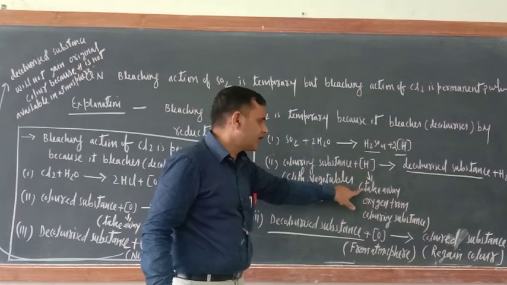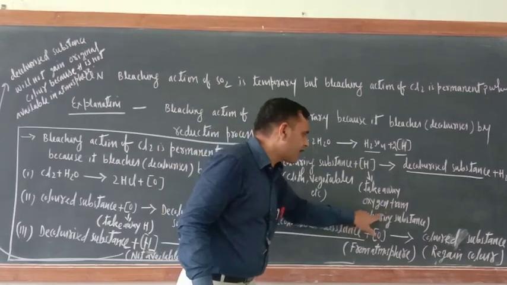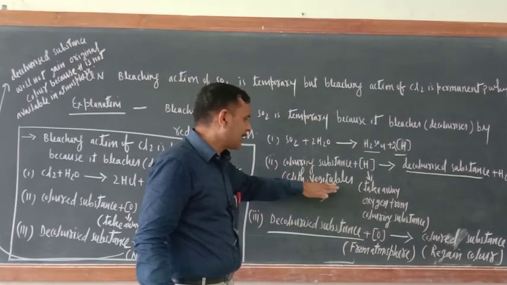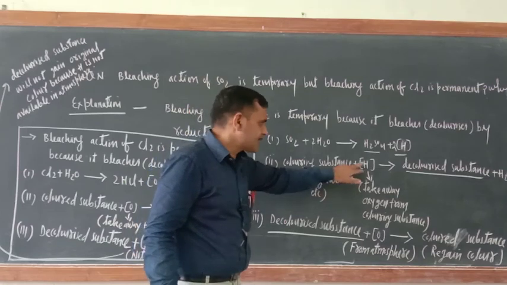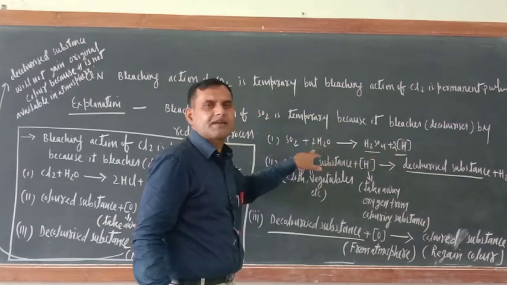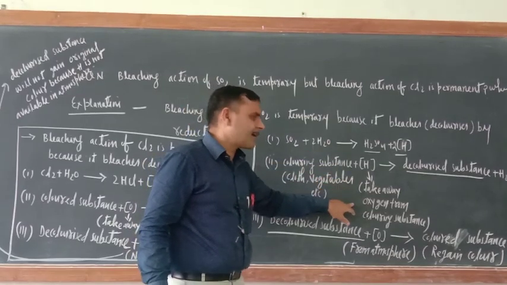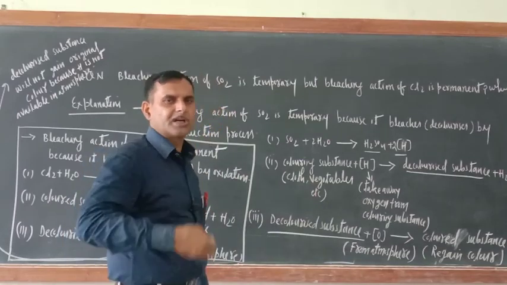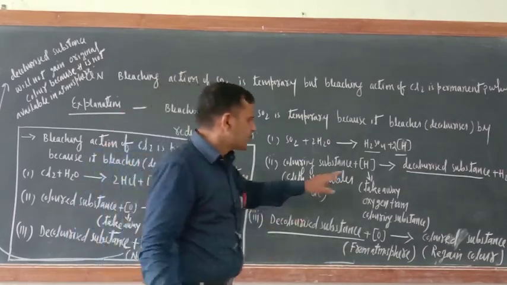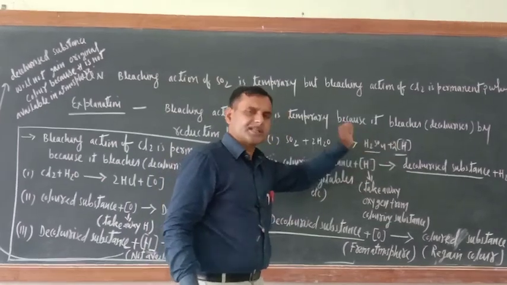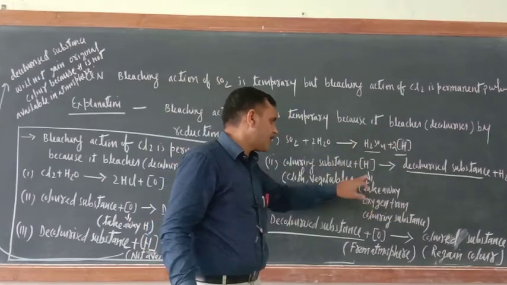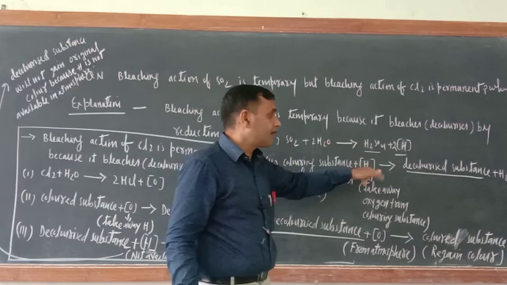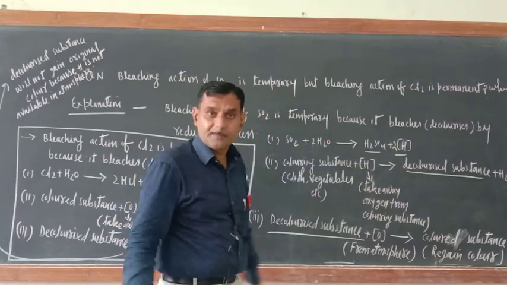It will take away oxygen from the coloring substance. Suppose colored cloth or colored vegetables are there. You know the substances are made up of elements only: hydrogen, oxygen, and some other minerals. So this nascent hydrogen will take away oxygen from the coloring matter. Now they will be decolorized because they don't have oxygen now.